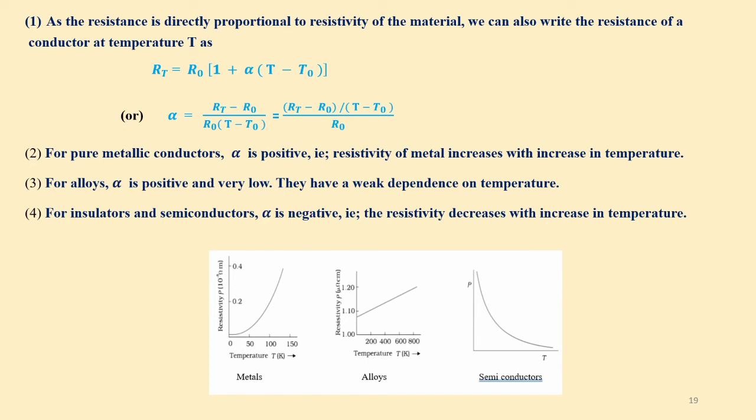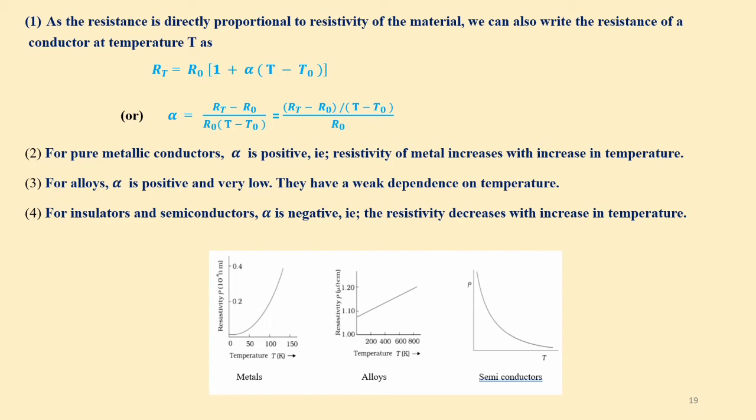As the resistance is directly proportional to resistivity of the material, we can also write the resistance of a conductor at temperature T as R T equal to R naught into 1 plus alpha into T minus T naught. Previously we wrote the same equation, you remember, rho T is equal to rho naught into 1 plus alpha into T minus T naught.